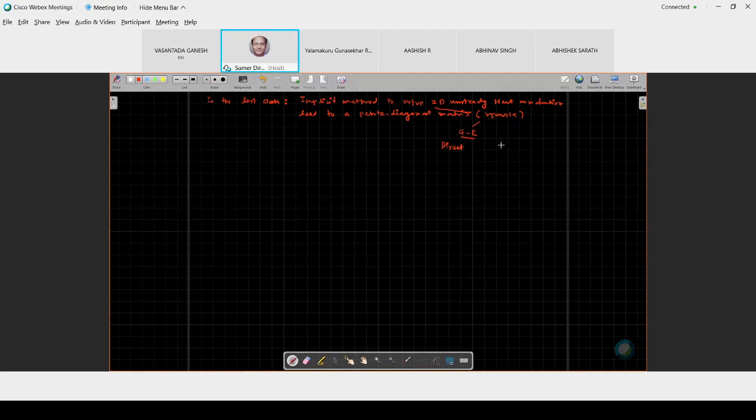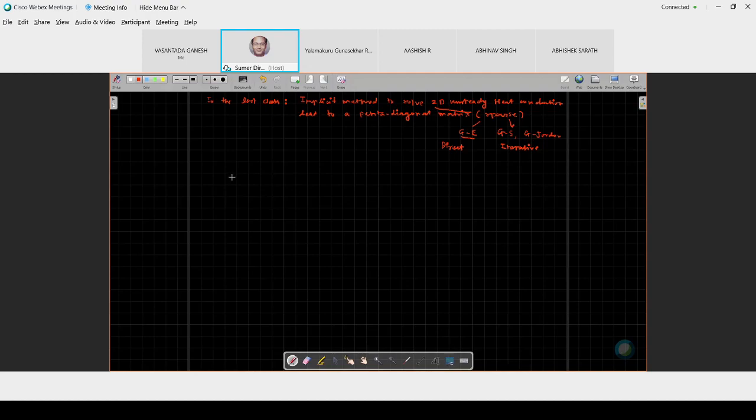The method mostly used is iterative methods, like Gauss-Seidel or Gauss-Jordan. You must have heard about this. These methods are generally used to solve such matrices.